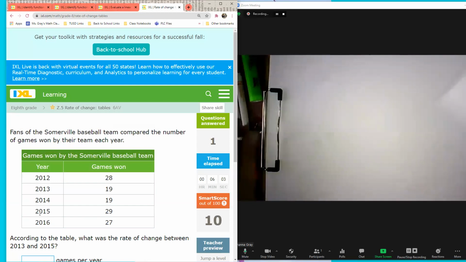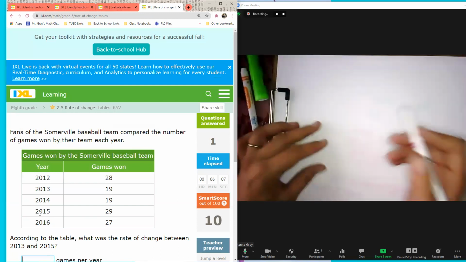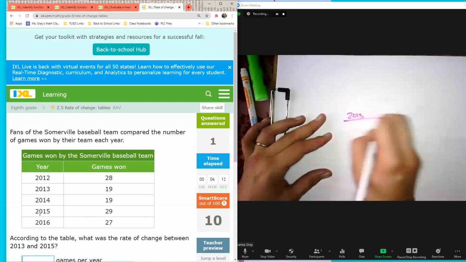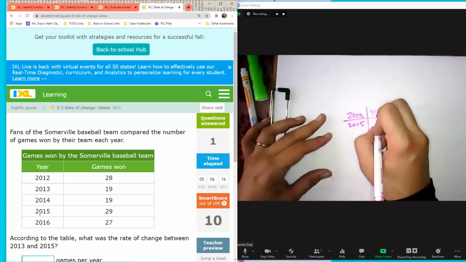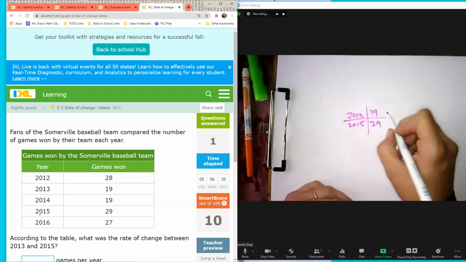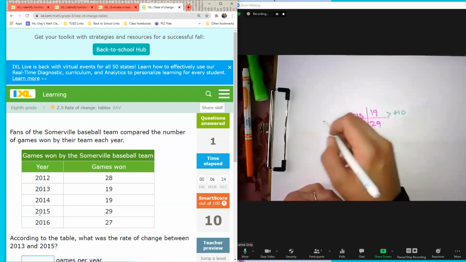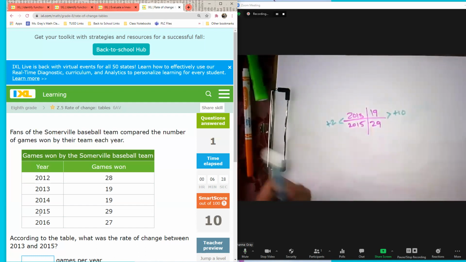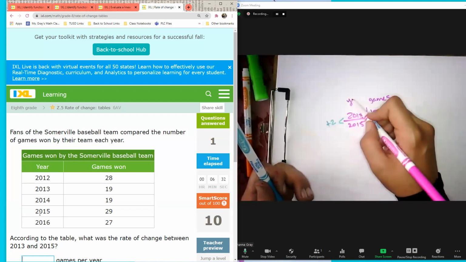So this one's probably the most challenging as far as just having to think about it. So if I'm looking at 2013 to 2015, right? So 1929, then the change in Y is plus 10. And the change in X, right, is plus 2. So if I'm paying attention to my units, this was games and this was year.